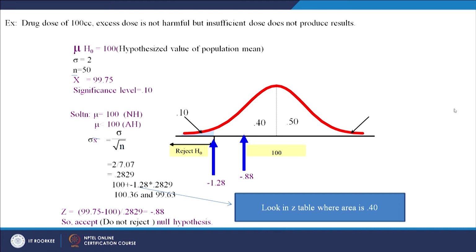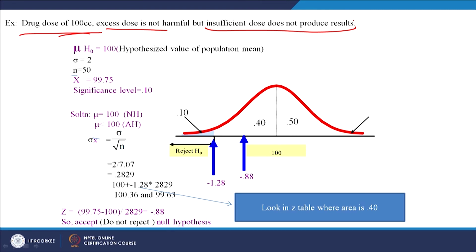Let us look at a question on a one tail test. Let us say there is a patient in hospital and you are supposed to give him certain medicines. If you are giving a drug dose of 100 cc to the patient and if you give excess dose, then it is not harmful for the patient, but insufficient dose does not produce desired results.